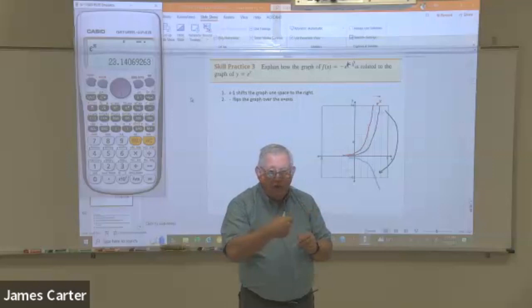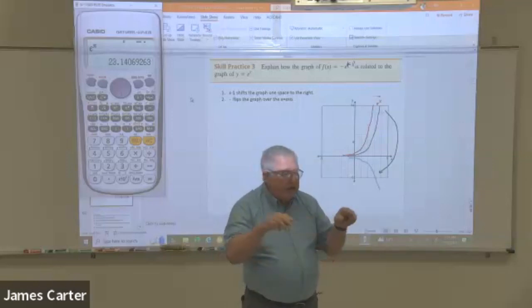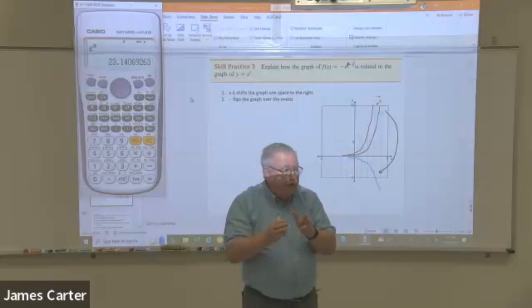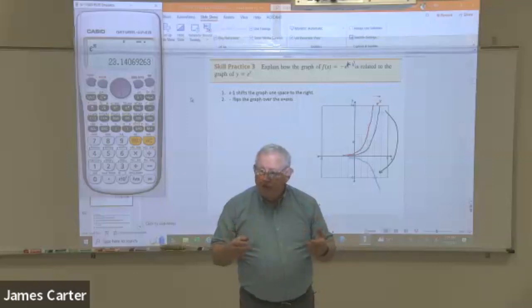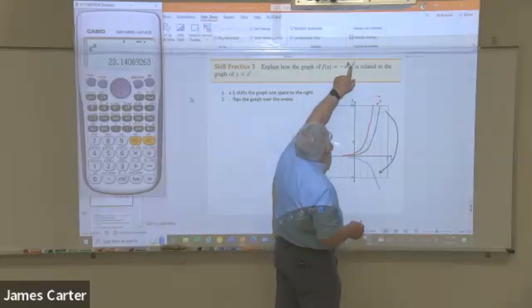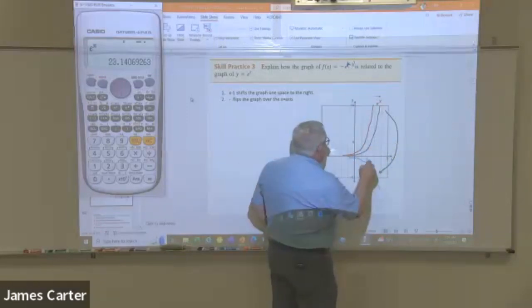It shifts it left or right opposite of sign, right? If it's contained under a radical, in an absolute value, or in a parentheses, it shifts left or right if it's with x, opposite of sign.